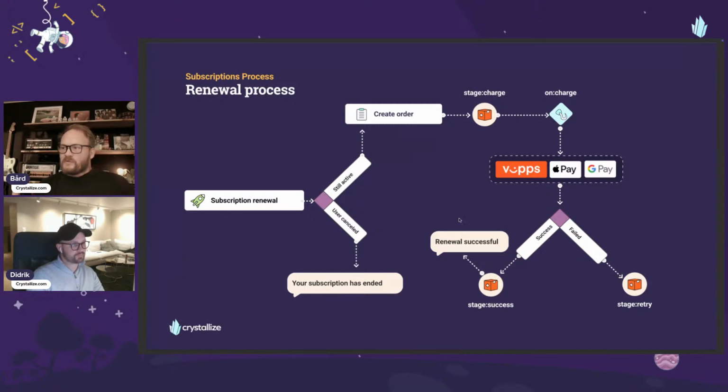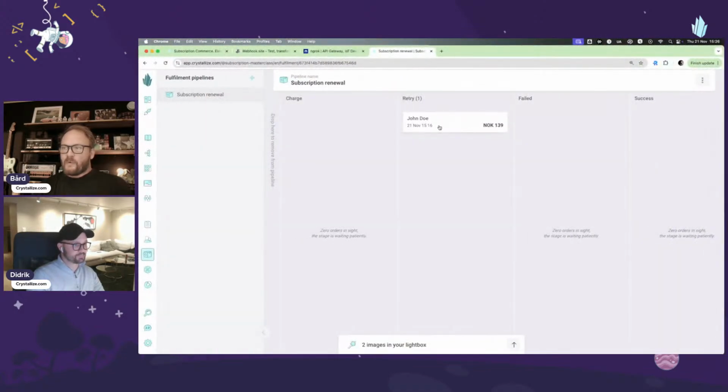And that's what we use the pipeline stages to orchestrate, where we showed here with a pretty simple setup, where you can have a retry, and that can wait, for example, for 3 days, and then you put it again to charge, and that will trigger, okay, I'm trying to charge again, and then maybe it jumps directly to success, for example, if you're able to do that. So that allows you to manage the subscription renewal process.